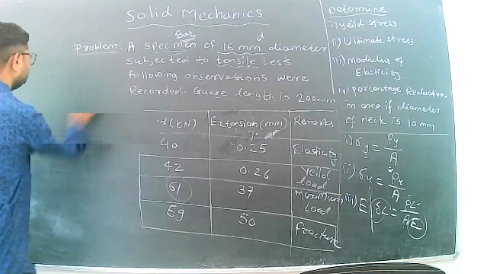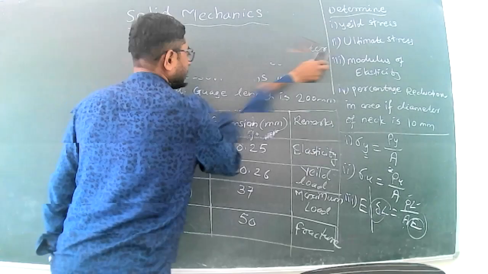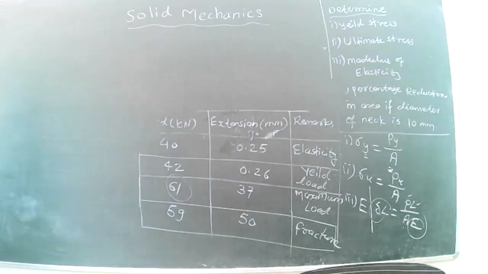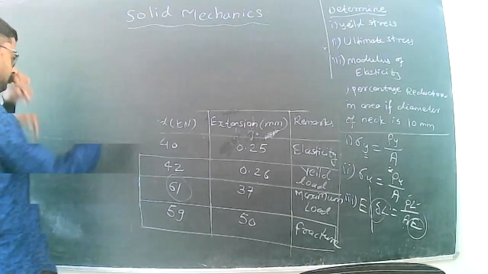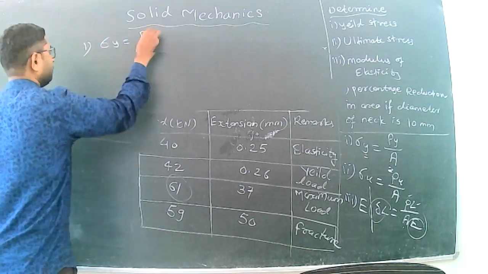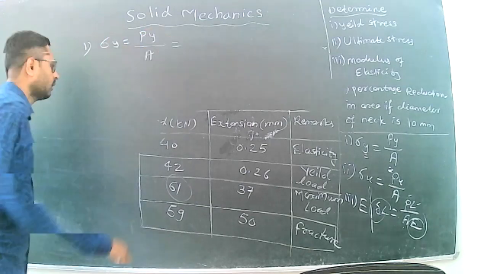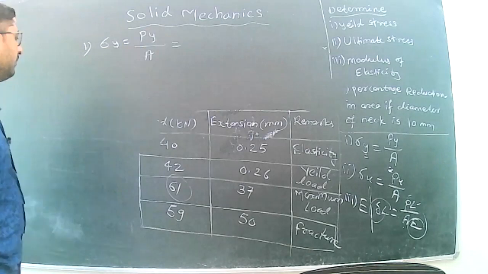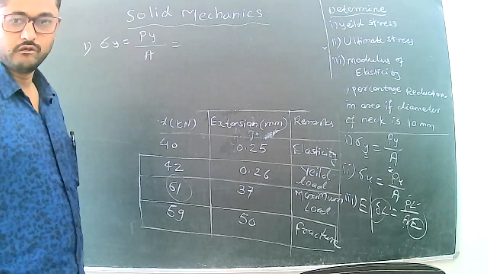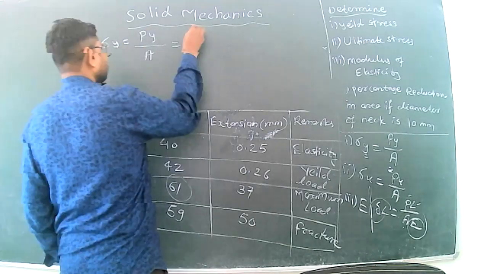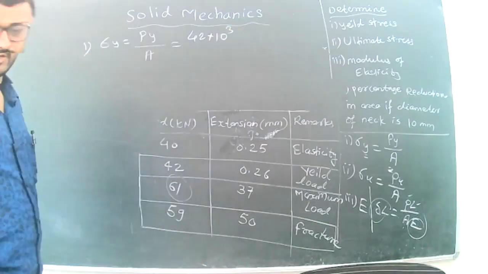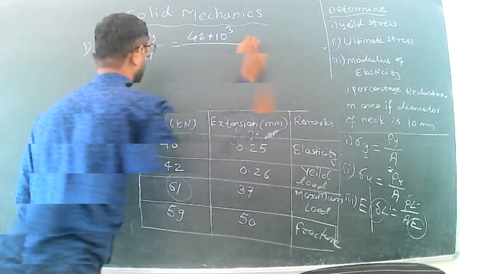First of all, find sigma y. Sigma y is equal to Py upon area, the yield load upon area. For yield stress, Py is 42 into 10 raised to 3 divided by area.